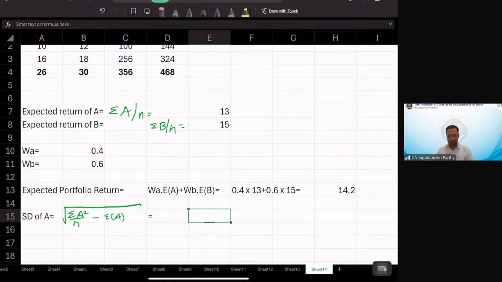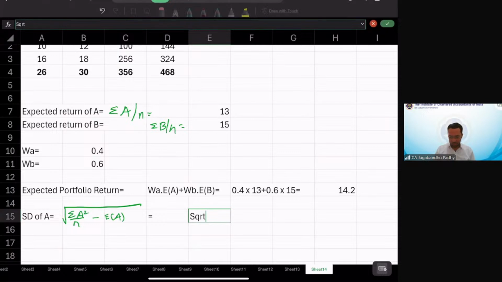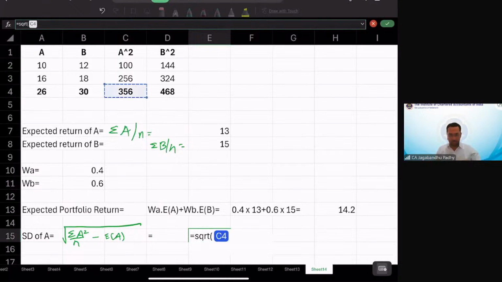So that will be simply the square root of A square by N, which is 356 divided by 2, minus expected return of A square.